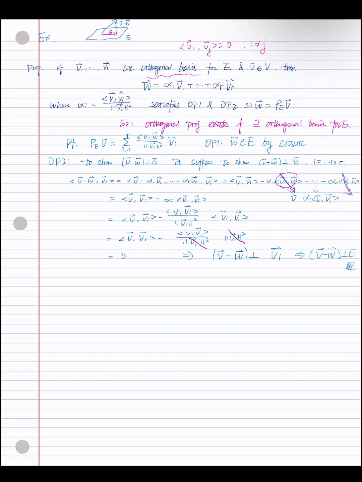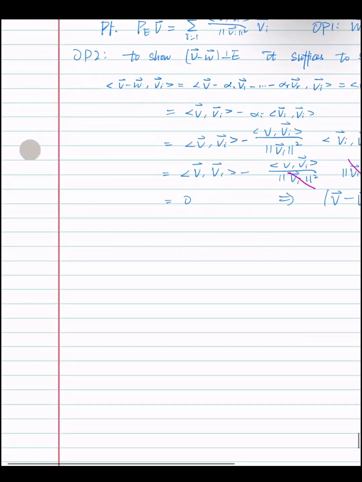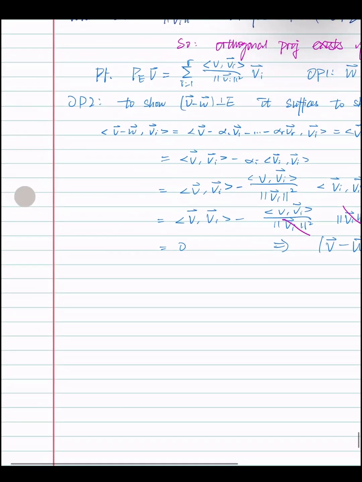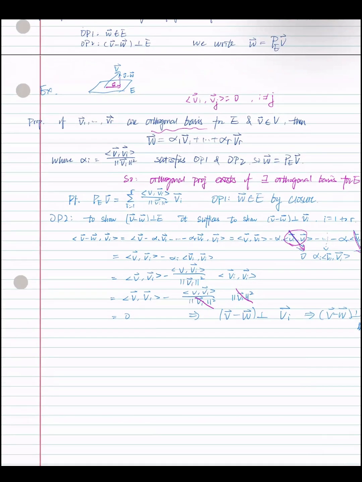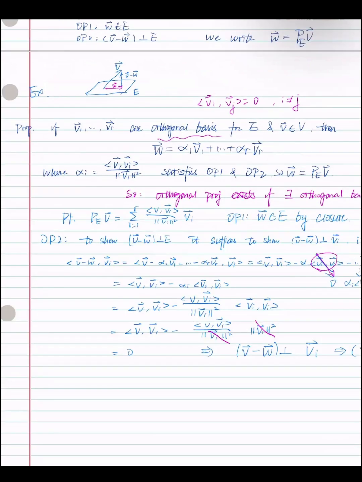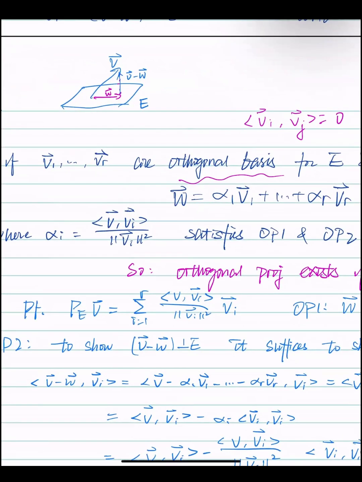Cool. So for this projection, what we are doing is actually finding a closest point. If we have a point in the space at the tip of the vector, we want to find on the subspace E where the closest point to this point is.